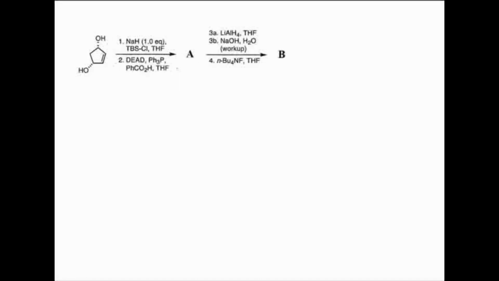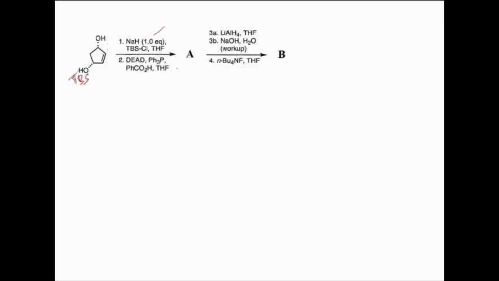See, in the starting material, you have 2 OH groups. Now you are using sodium hydride and tertiary butyl silyl halide. That is, we are going to protect one of the OH groups. We are using only one equivalent of this reagent, so one of the OH groups will be protected. Both are identical, so any one will be protected and converted to OTBS.